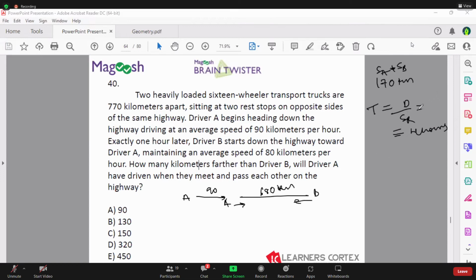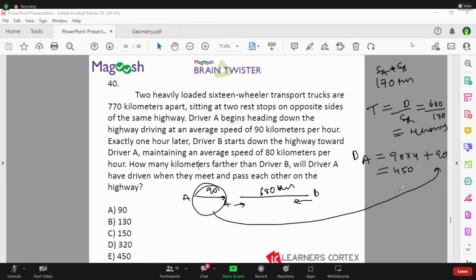And therefore A will travel 90 into 4 hours plus 90 because it had traveled 90 kilometers in the first hour, so it's total 450 kilometers.